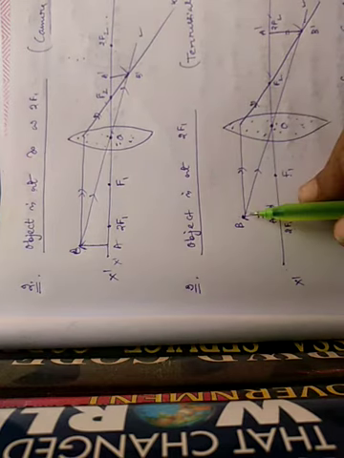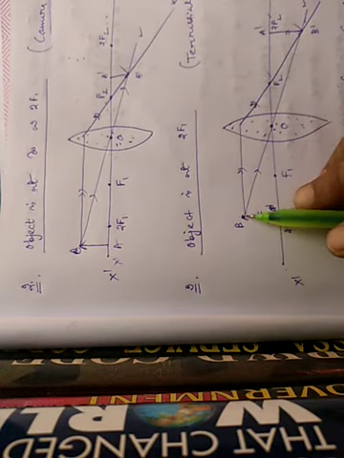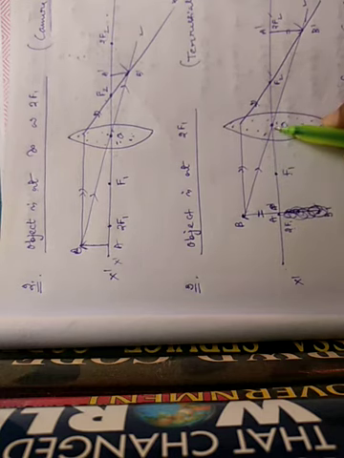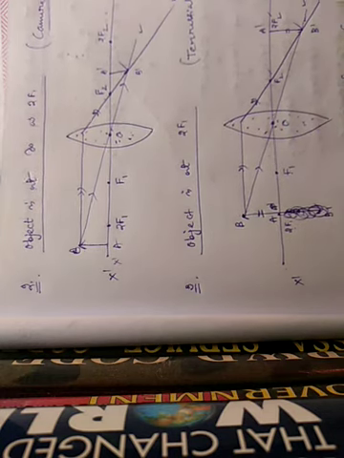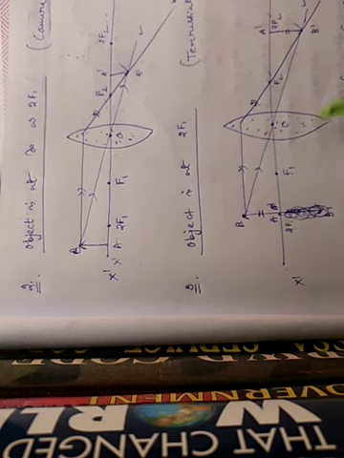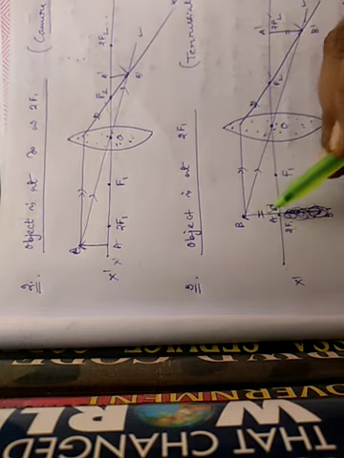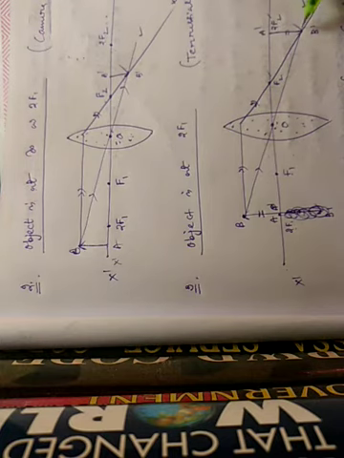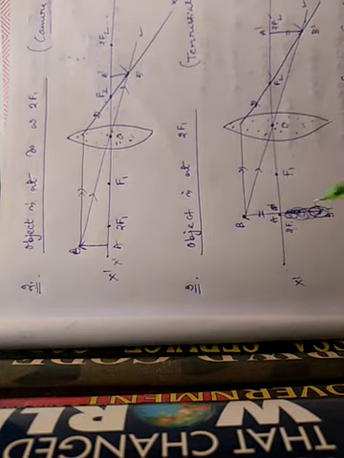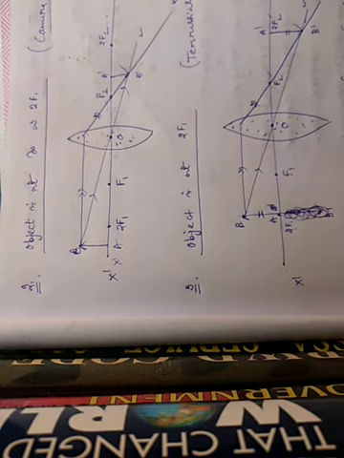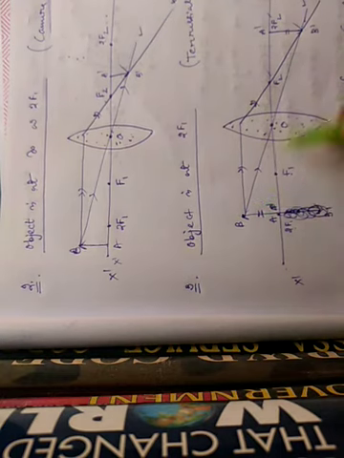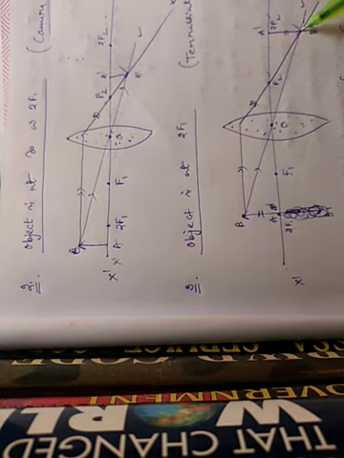Now from the point B, you draw a line through the optic center. Then you mark the image as A dash B dash. Our data says that object size is the same as image size. So just for the eye, you keep this size and this size the same.